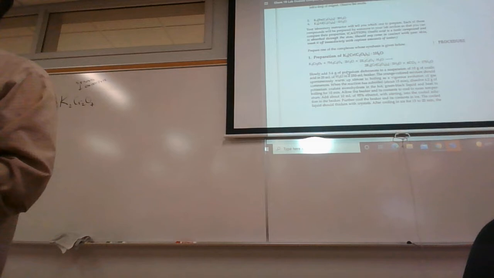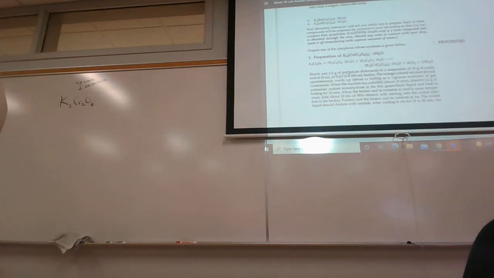What is the insert that's included in the box? Yeah, close. Not the NSCS, the MSDS. Yes, MSDS. What does the MSDS stand for?